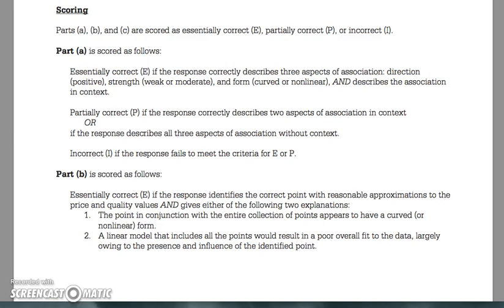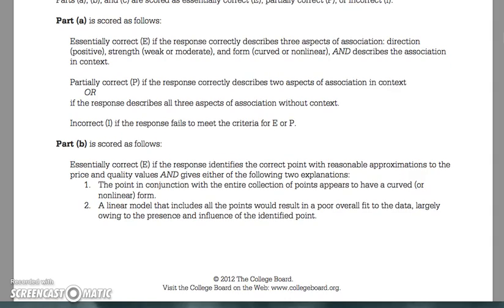They must also describe the association in context. Partial credit, P, if the response correctly describes two aspects of association in context, or if the response describes all three aspects of association without context. And incorrect, I, if the response fails to meet the criteria for E or P.